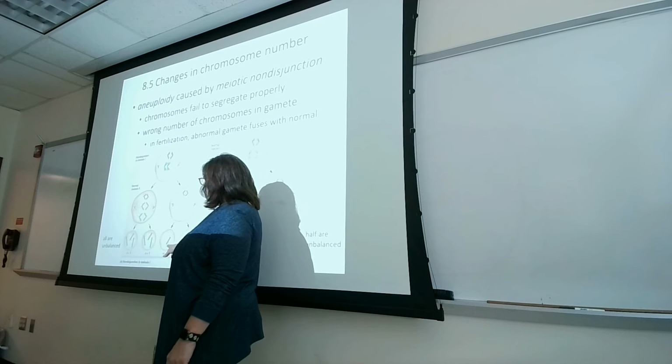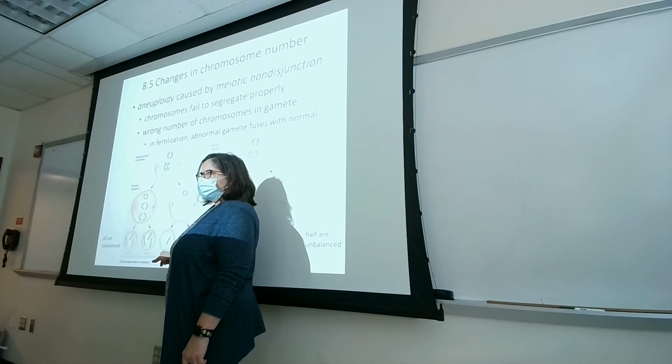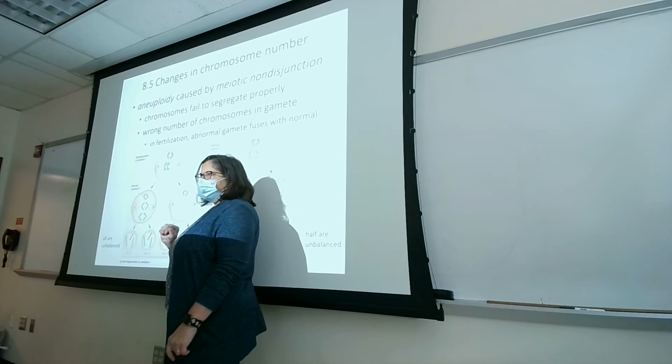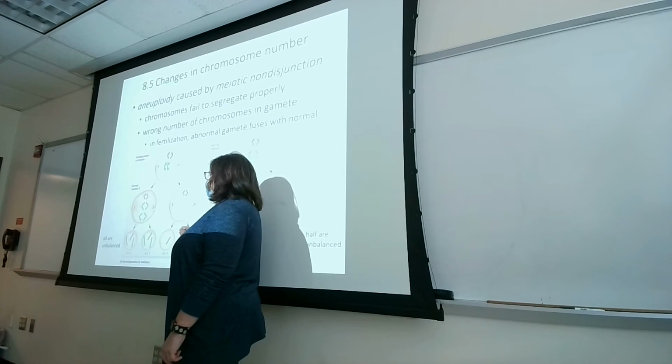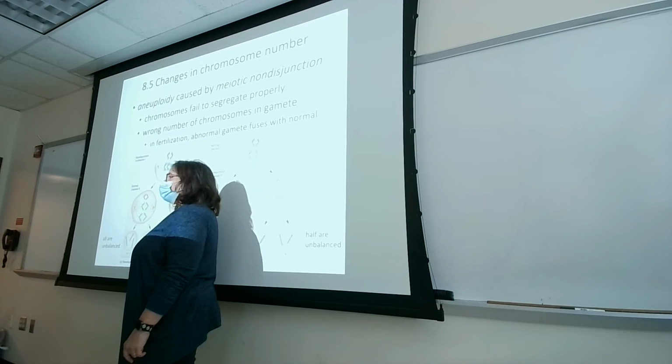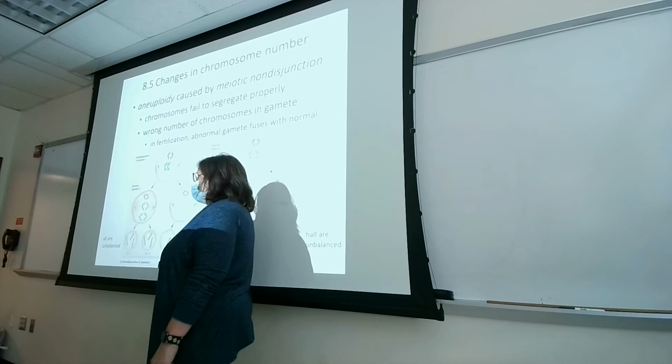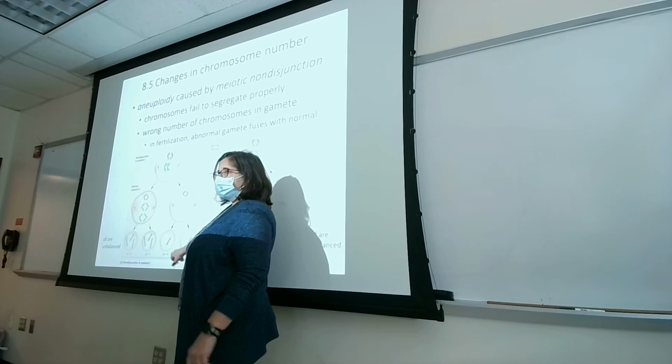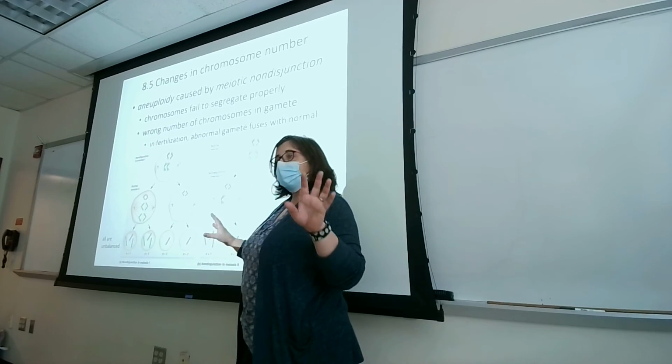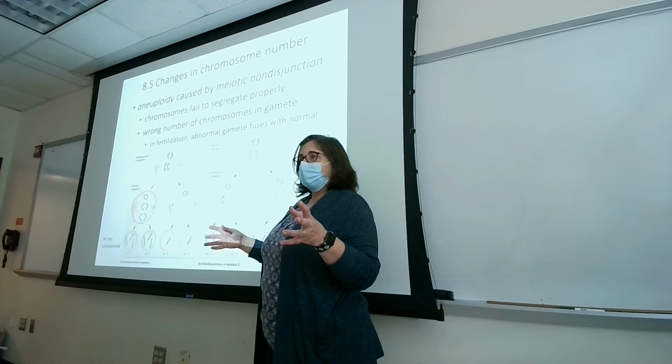And over here, we're going to wind up with none of those because they all went to the other side in that first division. So we wind up with N plus 1 gametes and N minus 1 gametes. It's kind of half and half. All of the gametes are wrong.